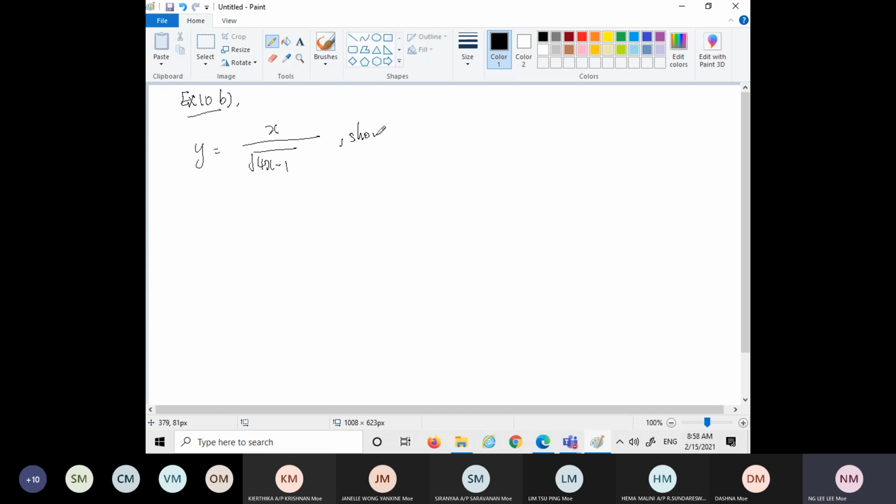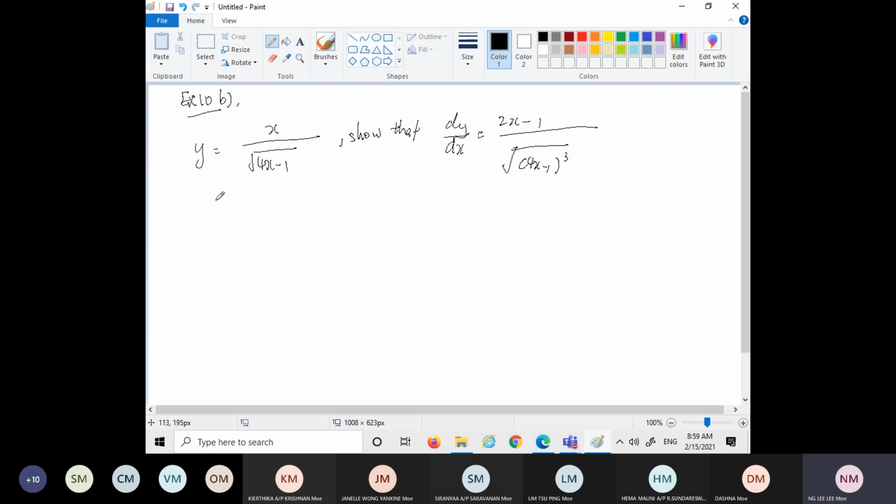You must be able to prove this. 4x minus 1 and then power 3. You see, so complicated. You have to show exactly, make sure you get this answer. If not, cannot.